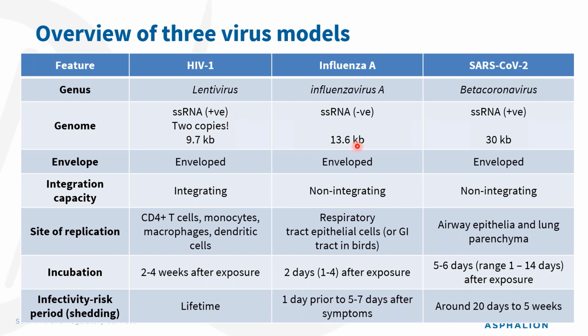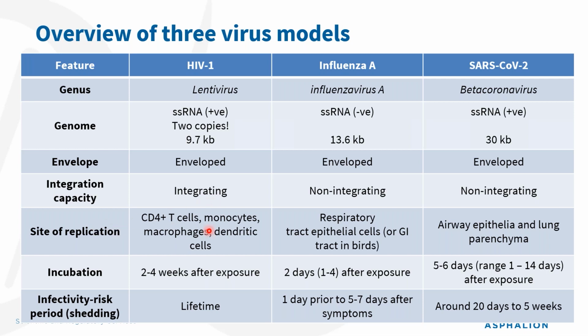These are all enveloped viruses, which is also pretty critical when you're talking about fusion events, early attachment and entry, for example. Of the three, HIV is the only integrating virus, which is also important, which means it has a different step to the other viruses that we will see later on, how important that is.